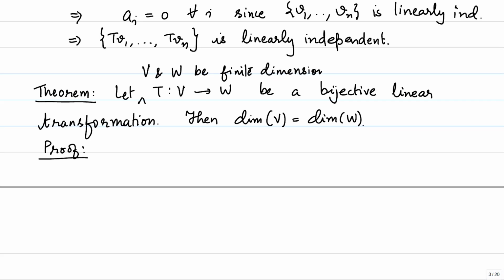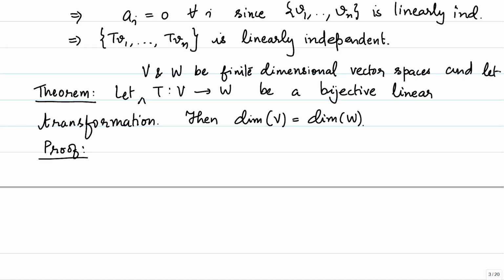This is an assumption which I should be adding because we are not assuming that our vector spaces are finite dimensional, but we should be careful in stating this theorem because it is a theorem for finite dimensional vector spaces. And let T from V to W be a bijective linear transformation.